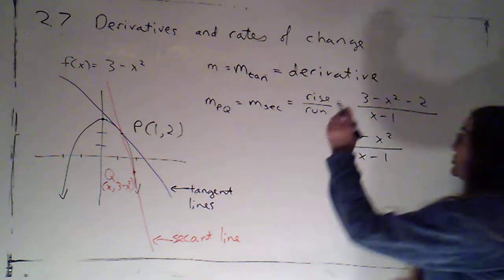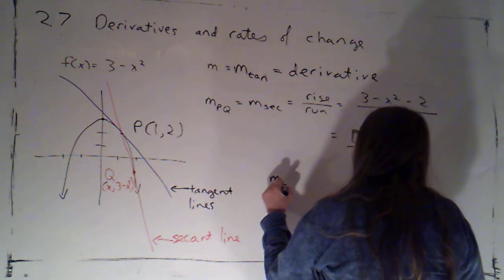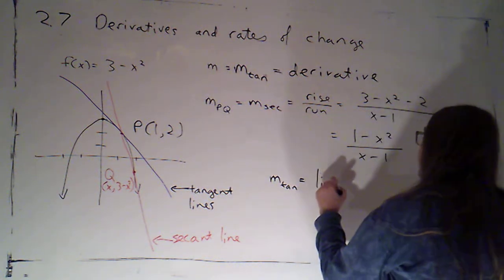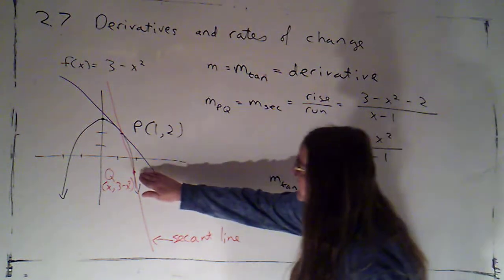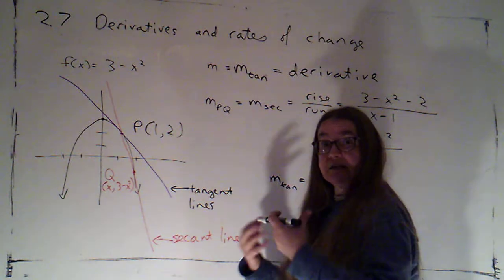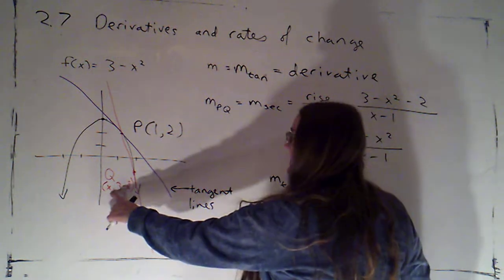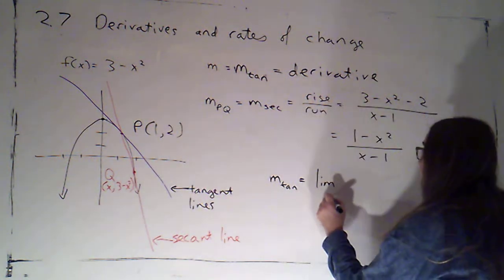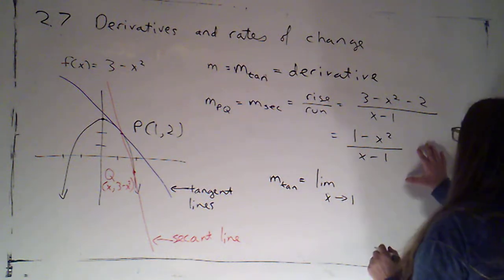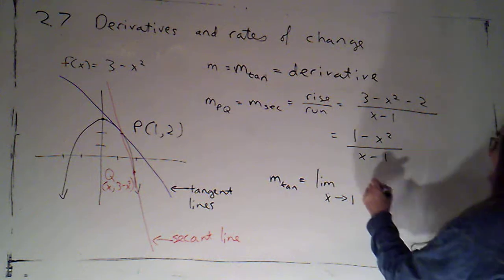Okay, so the slope of the tangent line is going to be the limit. Now I'm moving this point closer to this point. When we're working with functions, we can specify a point by just naming the x values. So this would be as x approaches 1 of the slope of the secant line.